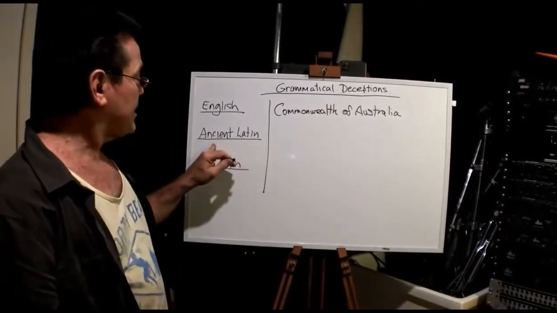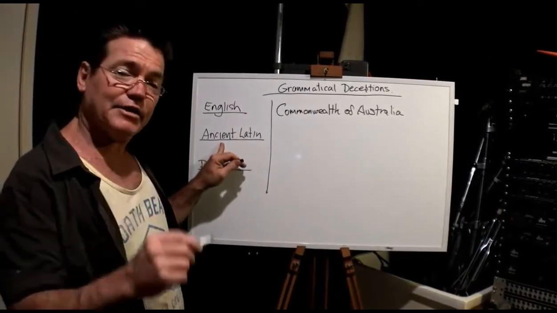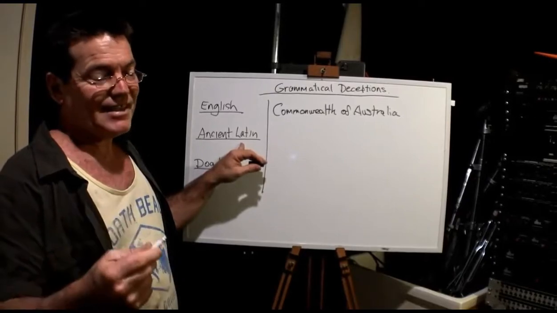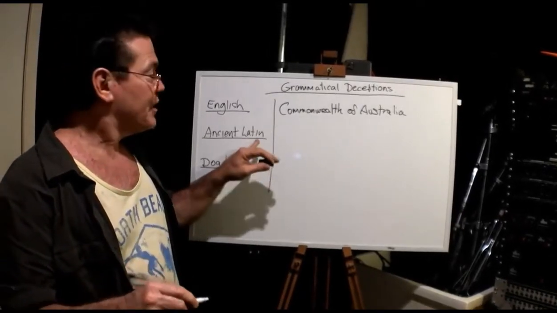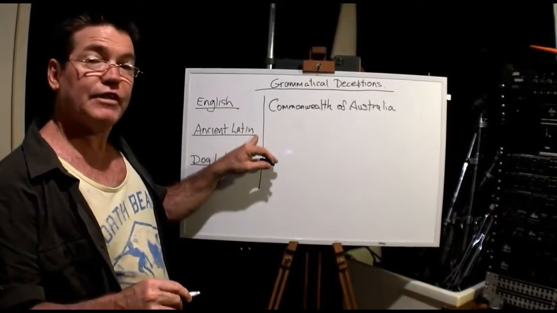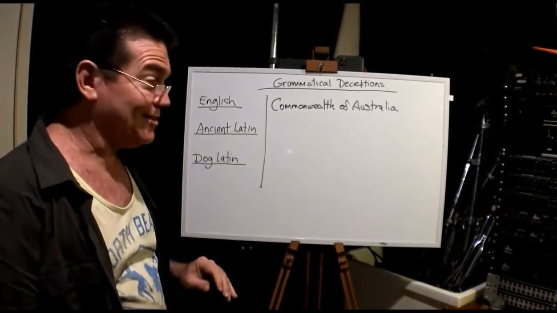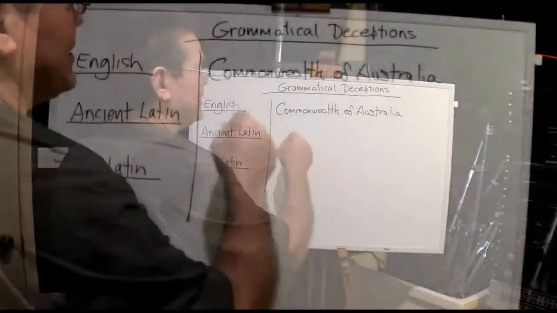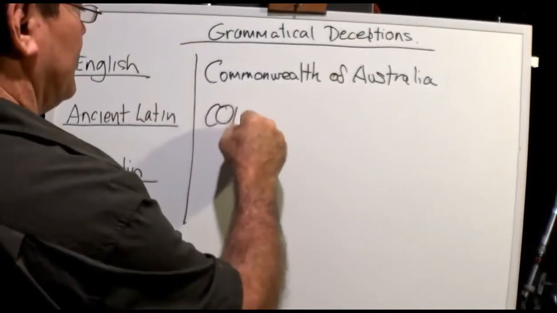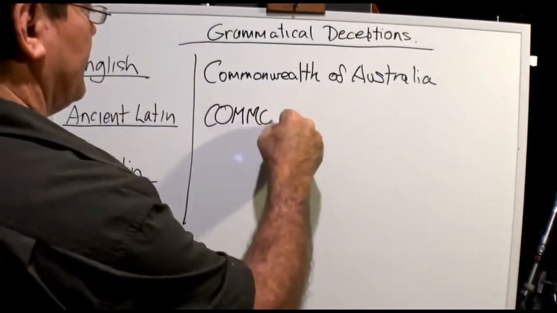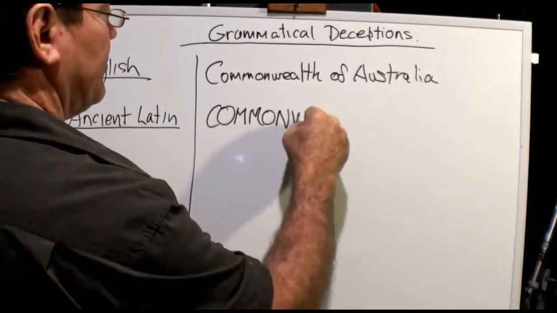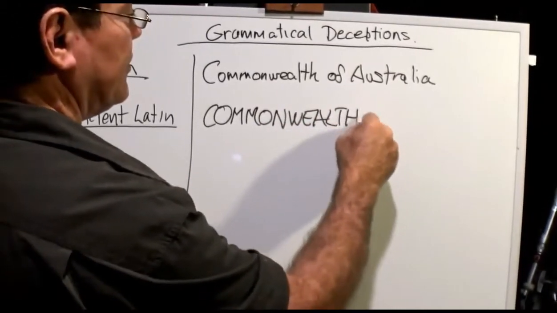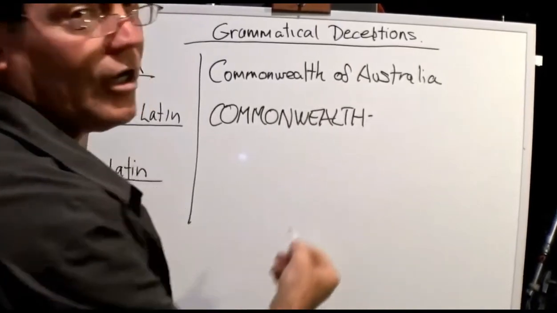Now let's write it in ancient Latin. Now this is going to be strange. Not many people are aware of this, or aware that it's relevant today. But ancient Latin is the official language of the Vatican. That's strange too, isn't it? So I'll write that. Okay, same words. Hyphen.